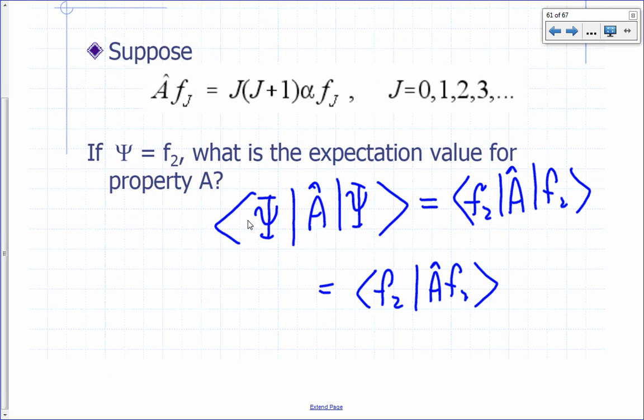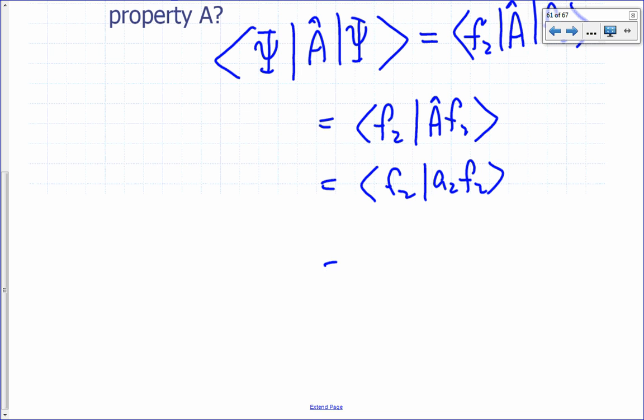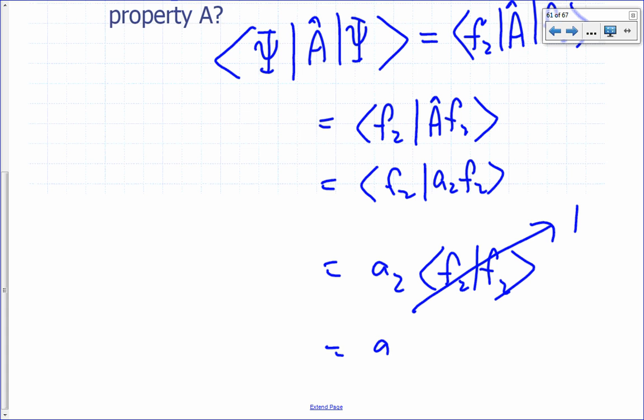What is A hat f2? It's little a2 f2. Factor out a2, the integral of f2 star f2 is just 1, so it's just a2.